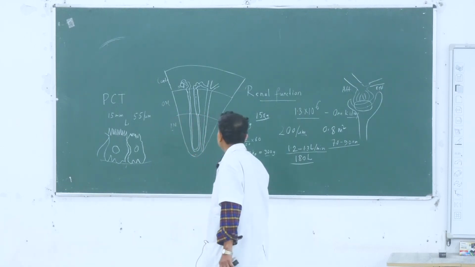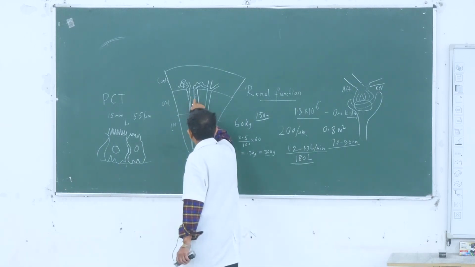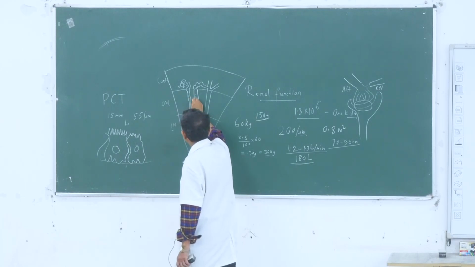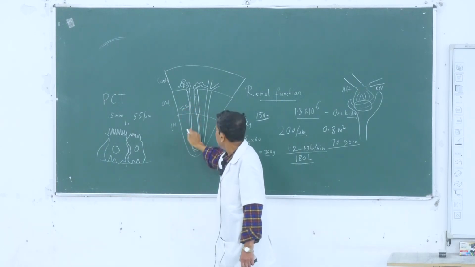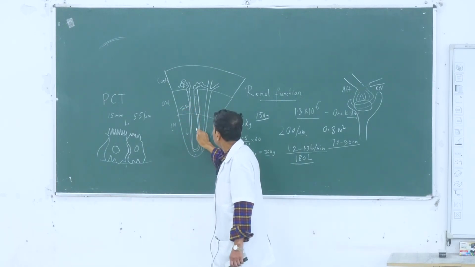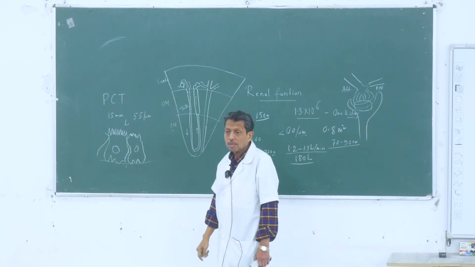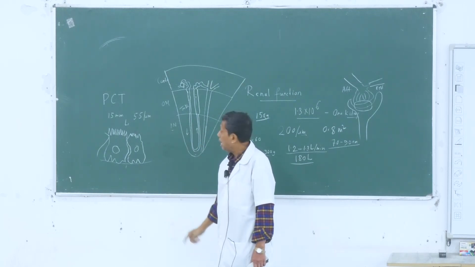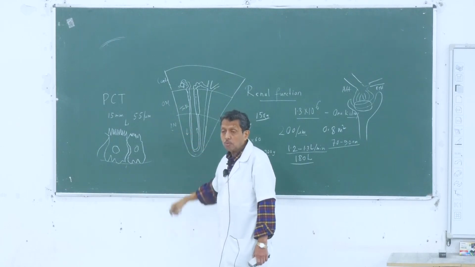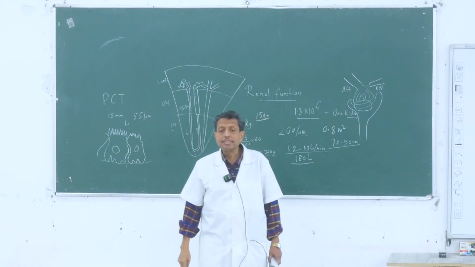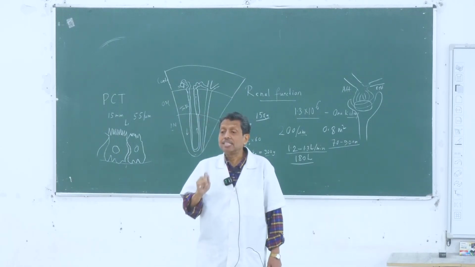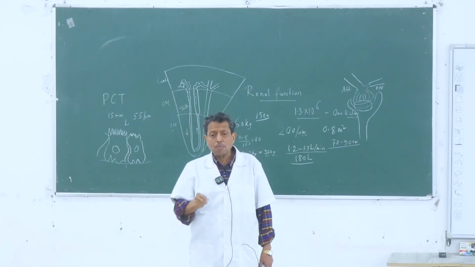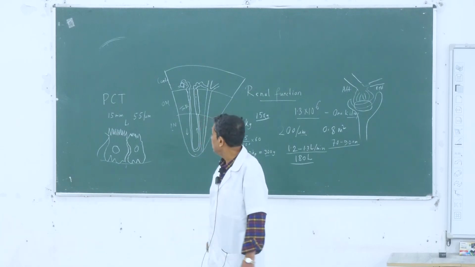Then the thin descending limb of loop of Henle. This is the descending limb and this is the ascending limb. In the thin descending limb of loop of Henle, the cells are thin cells, similar to squamous type of epithelium.